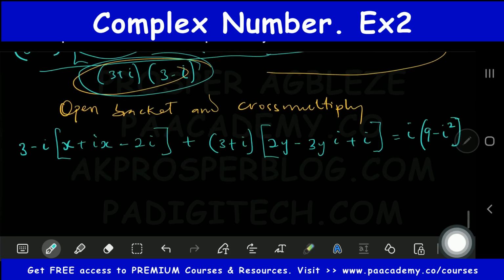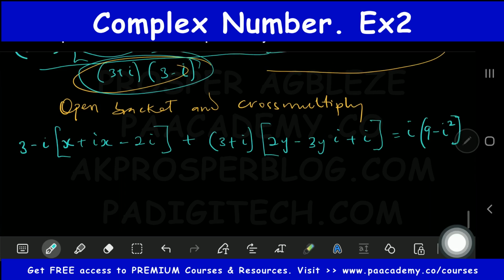Okay, so again we can go ahead and open the bracket again. So in doing that, we are going to be using this 3 minus i to multiply everything that is here. We are going to use this to multiply what is here. All right, and then we'll go ahead and open this bracket. So that's what we want to do now. So in doing this, we are going to be having 3x, so 3 multiplied by this, 3 multiplied by this, that will be 3x plus 3ix minus 6i.